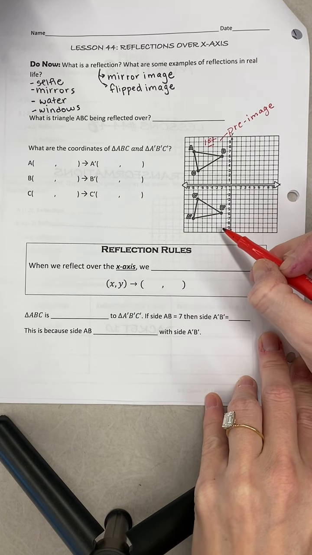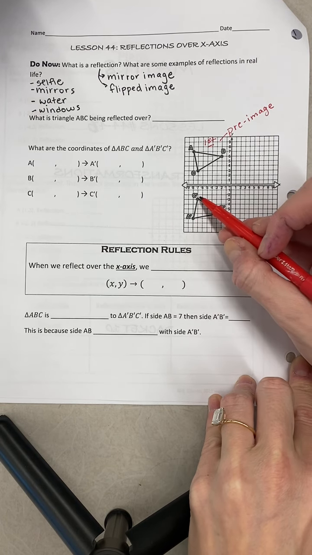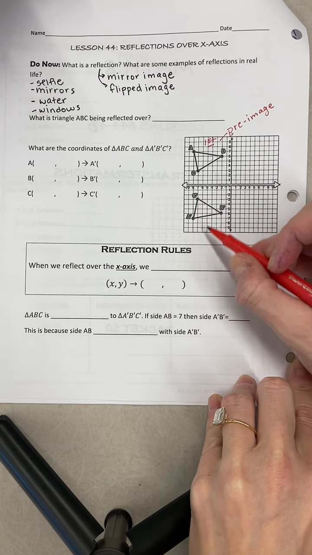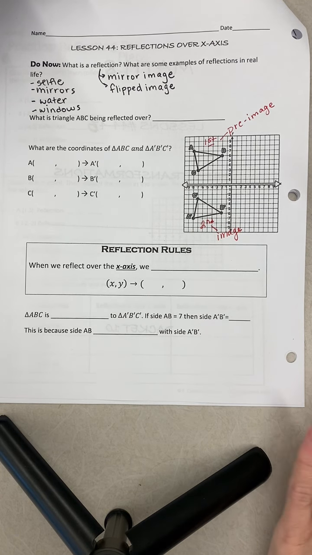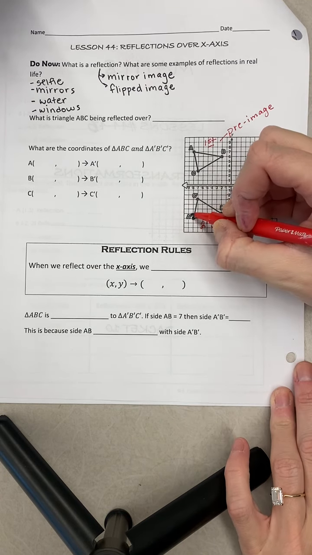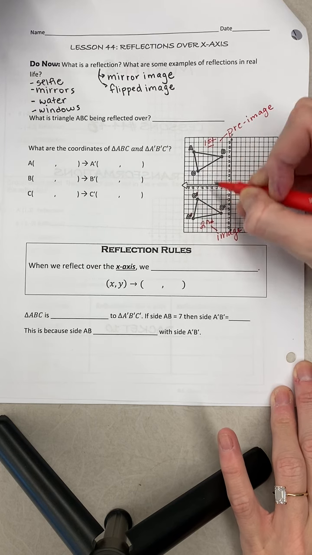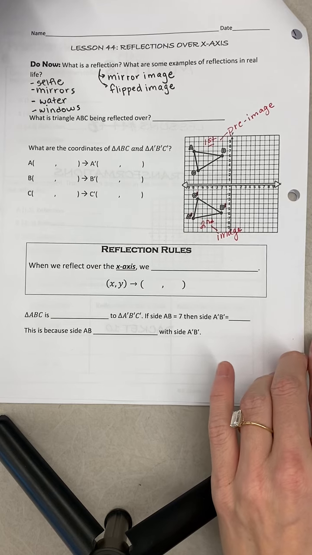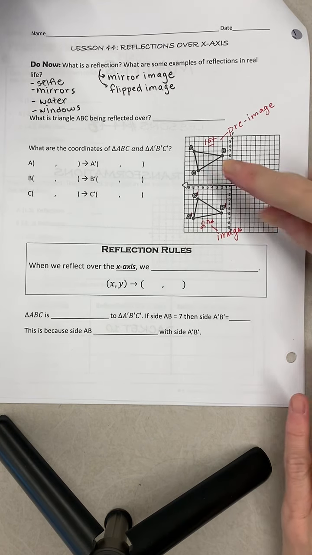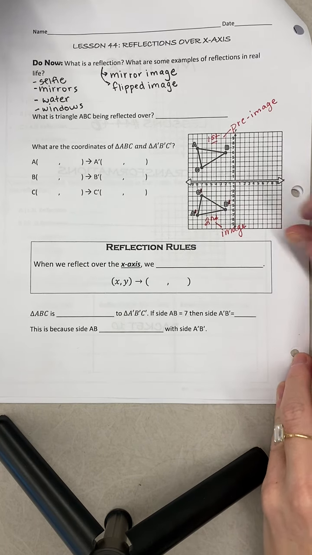Then we have this next triangle, A prime, B prime, C prime, which is the one that comes second, which is just our image. We know that it's the one that comes second because it has these little tick marks that we pronounce as prime, and you've been hearing me say A prime, B prime, C prime. So this one came first and this one came second.